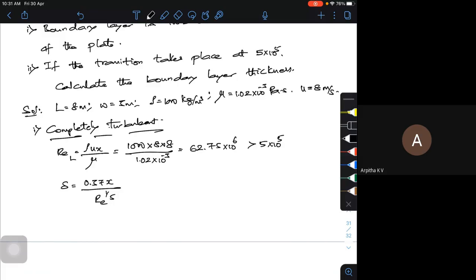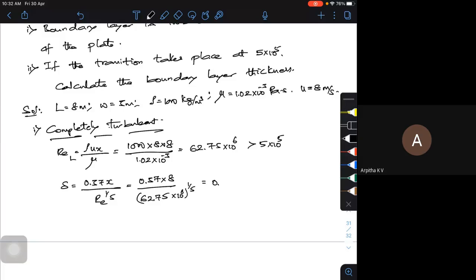So this will be 0.37 × 8 meters divided by (62.75 × 10 to the power of 6) whole to the power of 1 by 5. This will be your boundary layer thickness: 0.0816 meters or 81.6 millimeters. This is for the purely turbulent case.